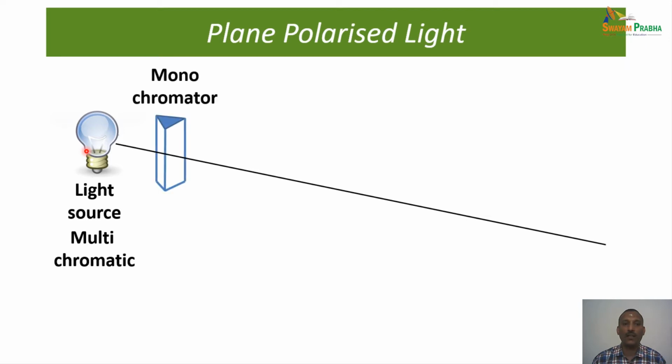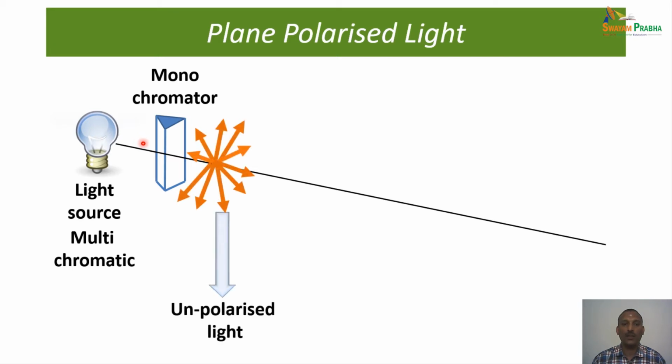When this light passes through a monochromator, the monochromator filters out all the other wavelengths and only gives out monochromatic light. But this monochromatic light is still unpolarized. In other words, it can go in all directions.